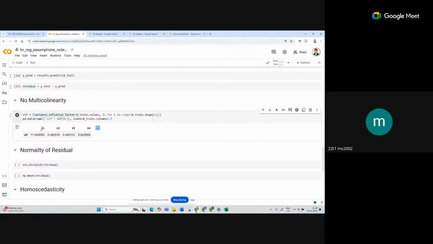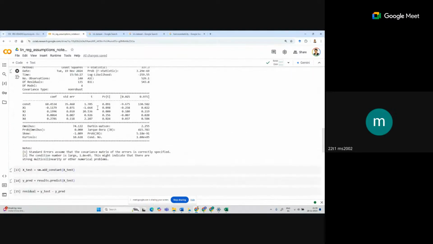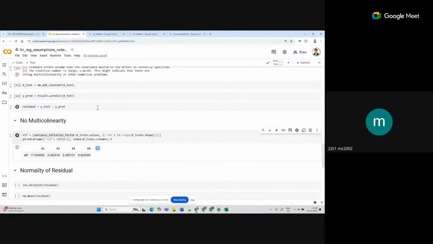And you don't know with which variable x1 is highly correlated. Is it with x4 or x3 or x2? So you will have to experiment by removing different variables and then check whether your p-values are getting better and so on. That's the experiment that you might have to do.